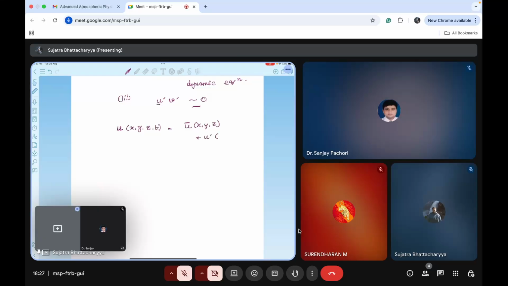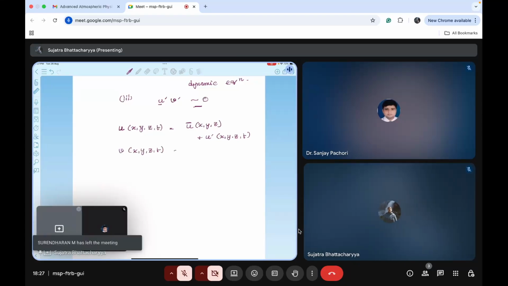Plus u dash, the perturbation, will be everywhere, both in space and time. Similarly, v, the meridional wind, v(x, y, z, t), is equal to v bar(x, y, z) for the time being, plus v dash(x, y, z, t).